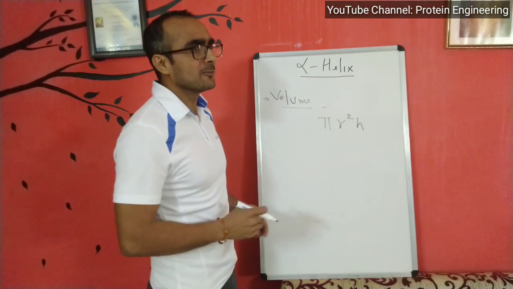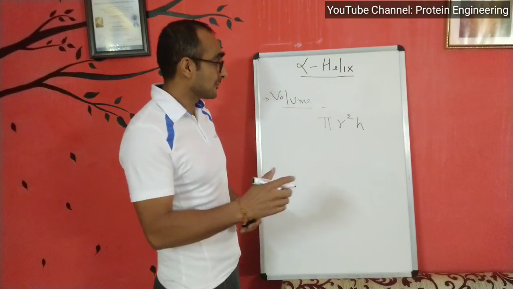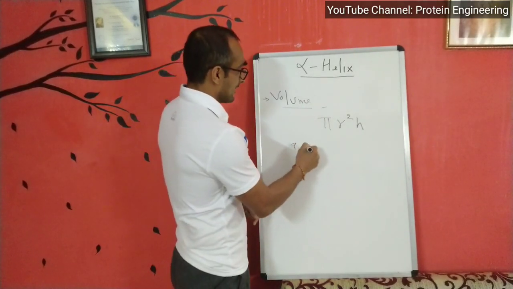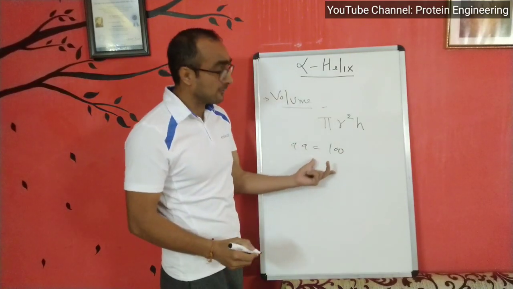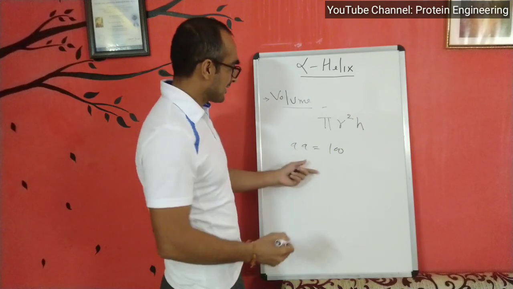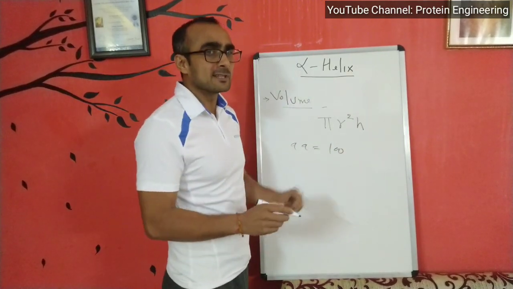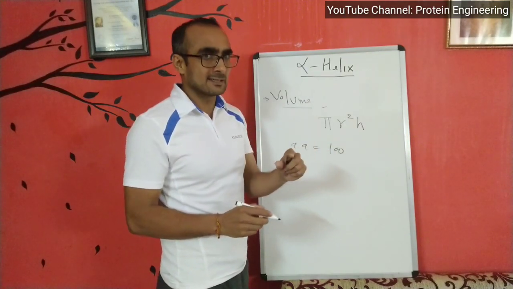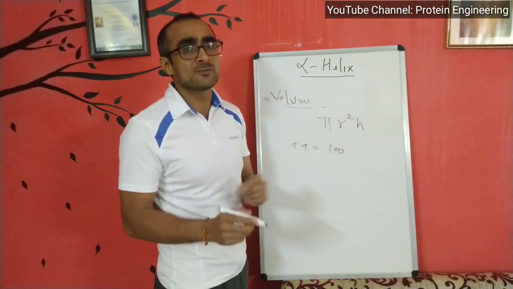For example, if you have a 100 amino acid long alpha helix, to calculate its volume, the number of amino acids is 100. So we need to calculate the height of the alpha helix, and then we can put it into the formula. We know that the length contributed by one amino acid to the alpha helix is 1.5 angstrom.